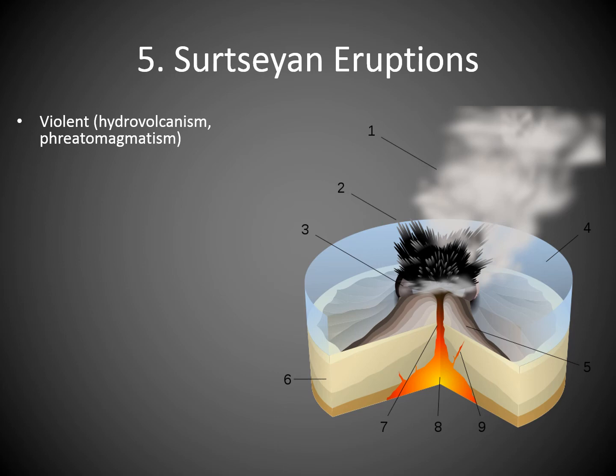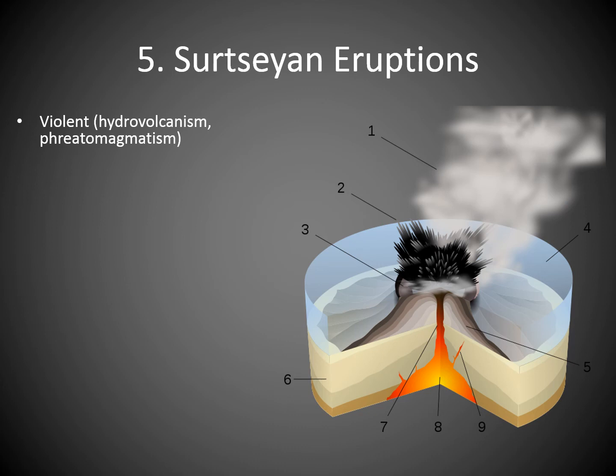Really, really fine ash, almost sand size. The eruptions are so violent and there's so many collisions that the stuff just fragments down to the smallest pieces. Again, it may occur in oceans or lakes.